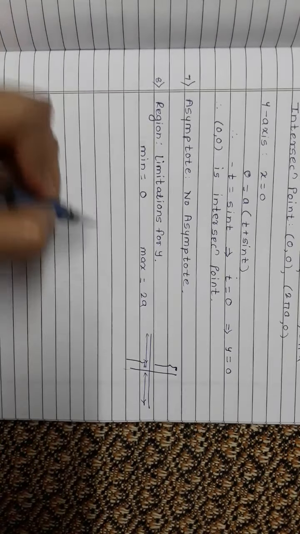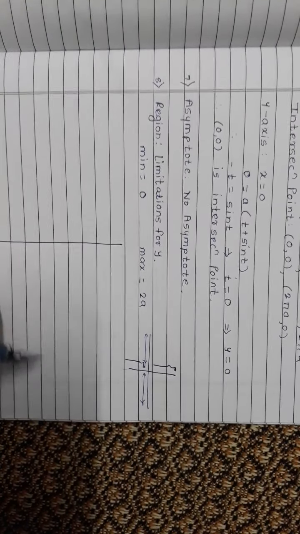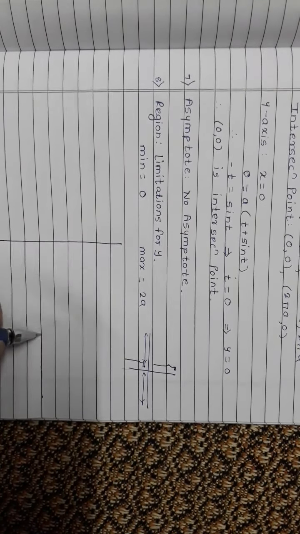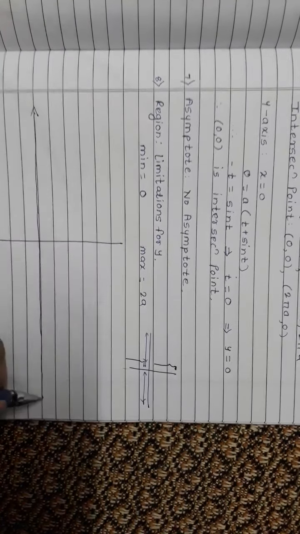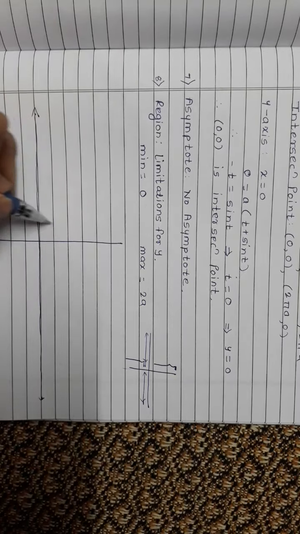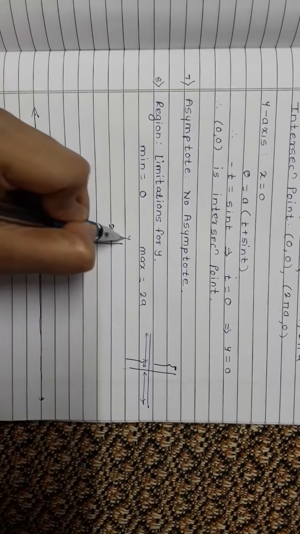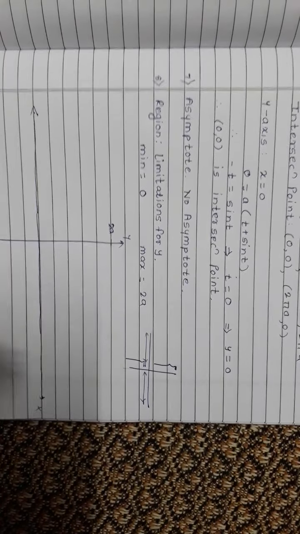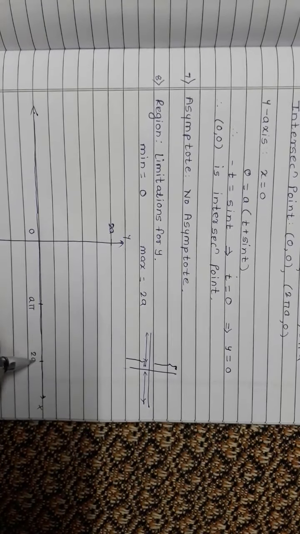So that means when I try to trace the curve, the first thing I got is that the region is only in between 0 and 2a, right? I got the point (a pi, 2a) and the point (2a pi, 0).